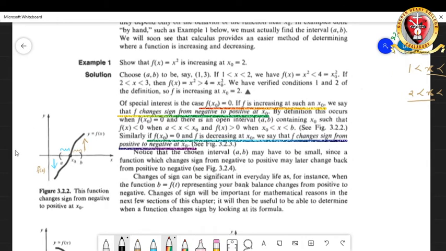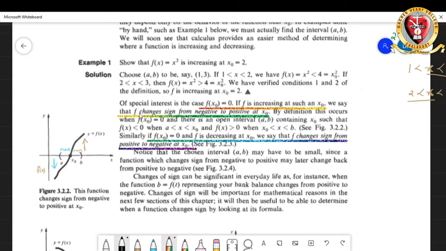So here you can see a figure. f(x0) = 0 means the function f is meeting the x-axis at some point x0. For points to the left of x0, the corresponding functional values will be negative, and for points to the right of x0, the corresponding functional values will be positive. So when we are moving from left to right, the function is increasing, or we can say that the function is taking negative values first and then positive values.